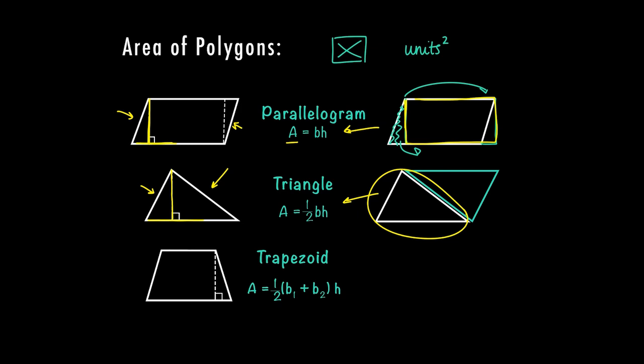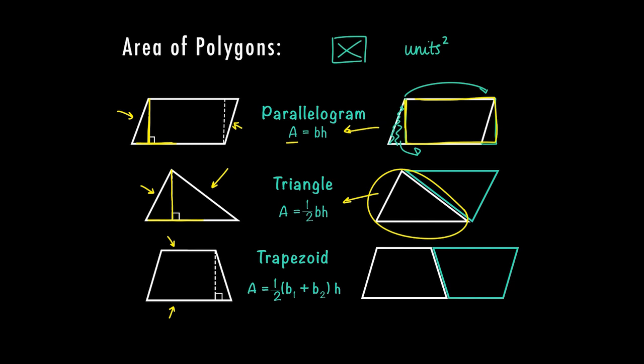The last one we're going to look at is a trapezoid. And the trapezoid formula is a little bit more complicated. I can see that my trapezoid has two bases that are different lengths. And if I do the same thing I did with my triangle, and I create another trapezoid and flip it around, put them together, I have now also created a parallelogram. So essentially a trapezoid is also half of a parallelogram.